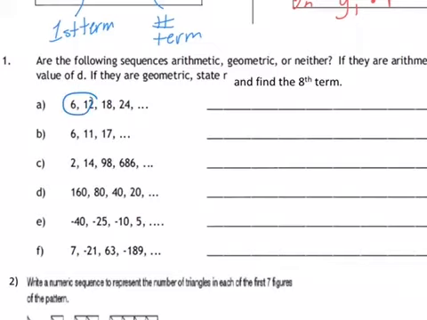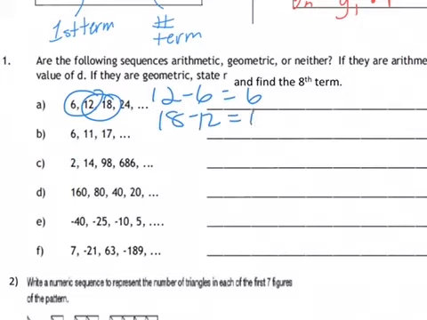You look at it two terms at a time. And when you do that, you do one of two things. You either subtract or you divide. So we'll start with this. Let's do 12 minus 6. That gives us 6. We'll do 18 minus 12, and that gives us 6.